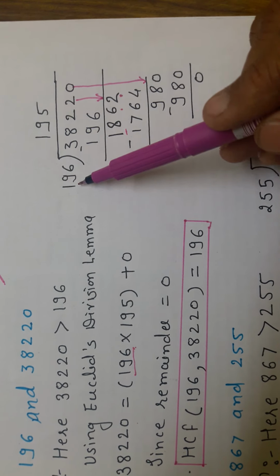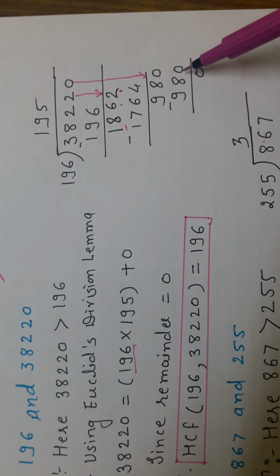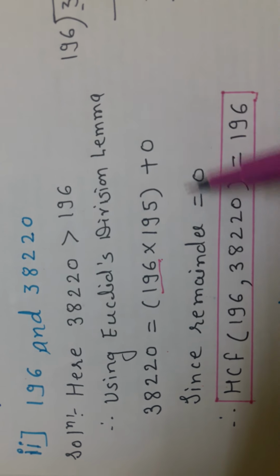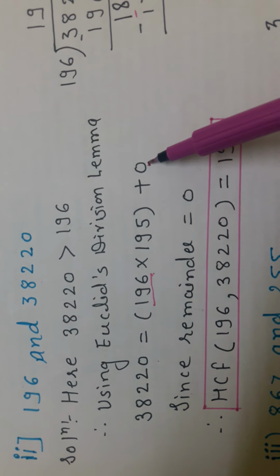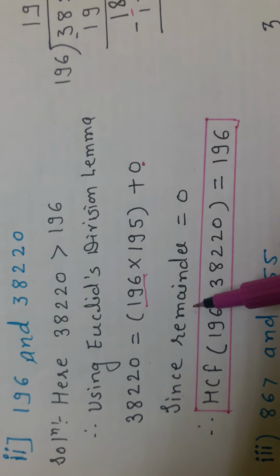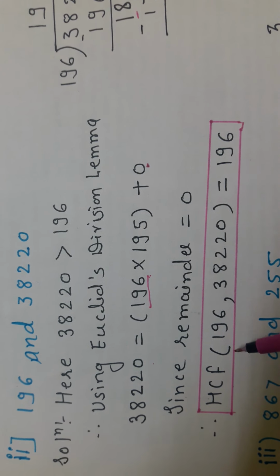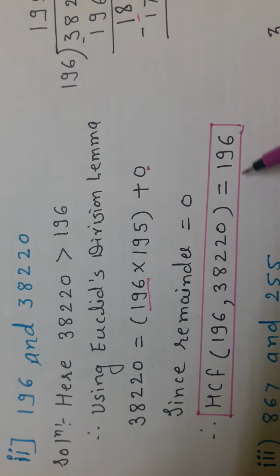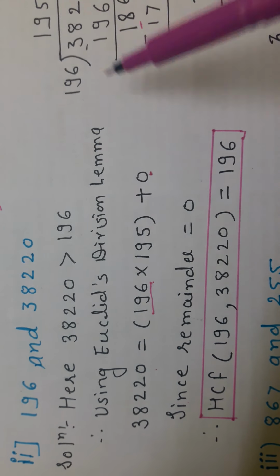And next, 196 5s are 980, that is 0. Here in the first step only we got the remainder 0. Means since remainder is equal to 0, therefore HCF of 196 and 38,220 is equal to 196, that is the divisor.